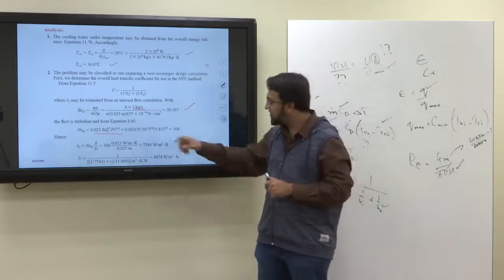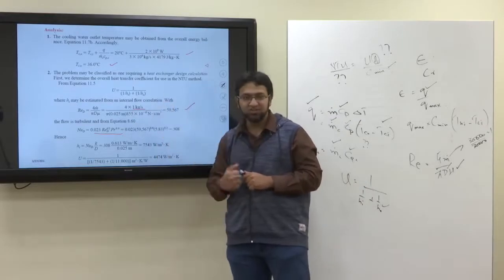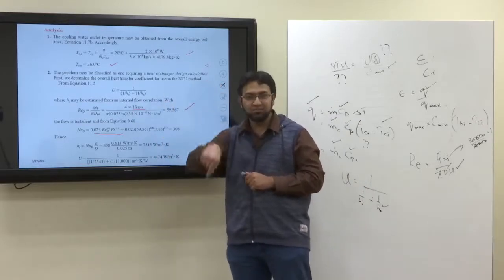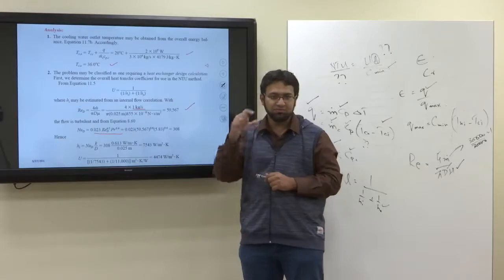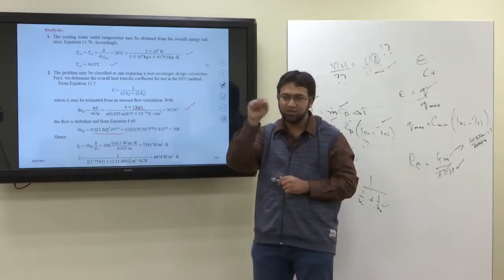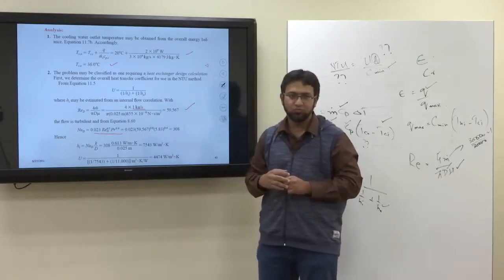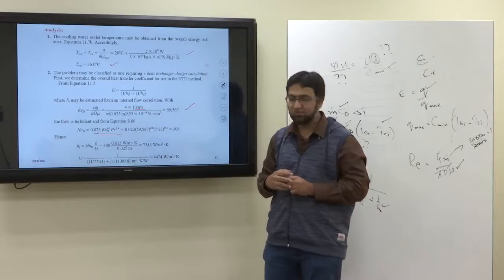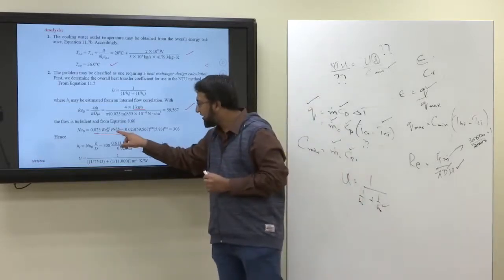In this case, since the water is being heated, Ts is more and Tm is less. Tm is the mean temperature of the fluid inside the tube. So we have 0.4 here.